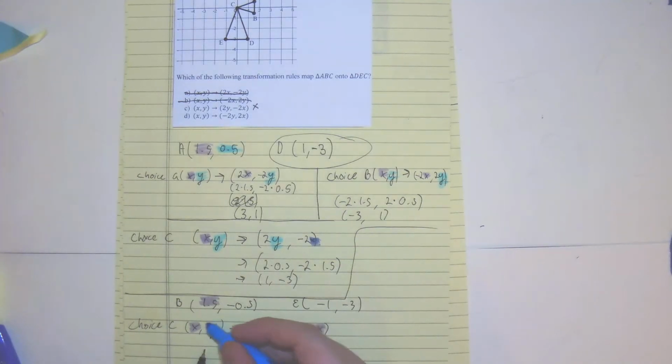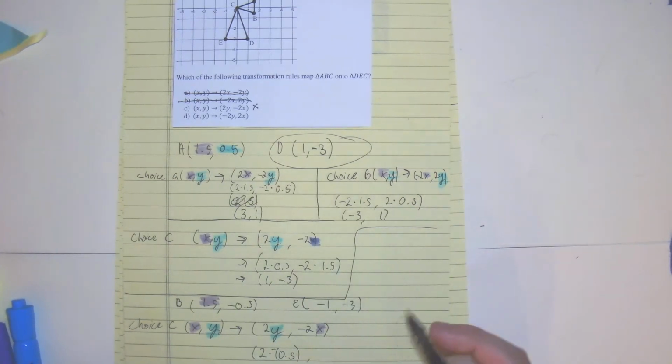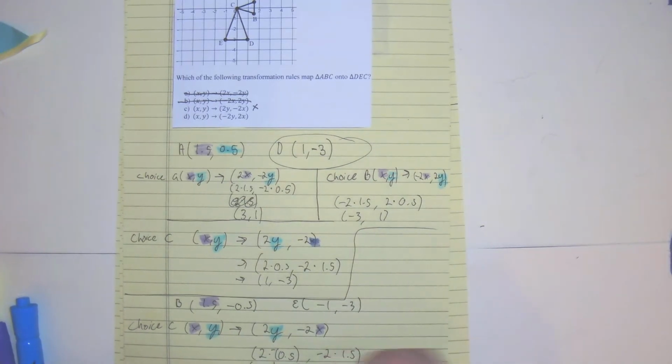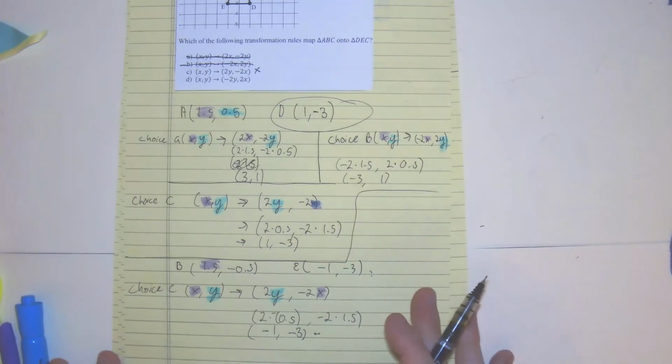Then our y value, so we get 2 times negative 0.5, comma, negative 2 times 1.5. 2 times negative half gives us negative 1, negative 2 times 1.5 is going to be negative 3. This is the same as each other, so they are mapped onto each other.